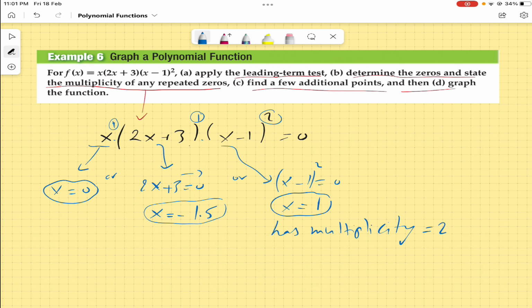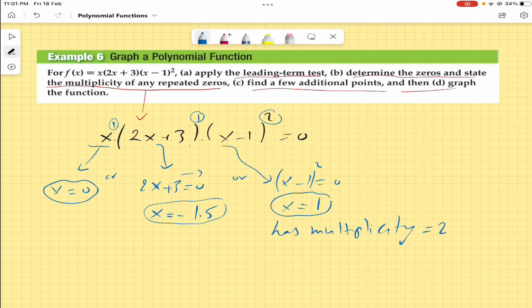So limit when x goes to negative infinity of the function f of x is positive infinity, and limit when x goes to positive infinity is also positive infinity. So both arms are up.